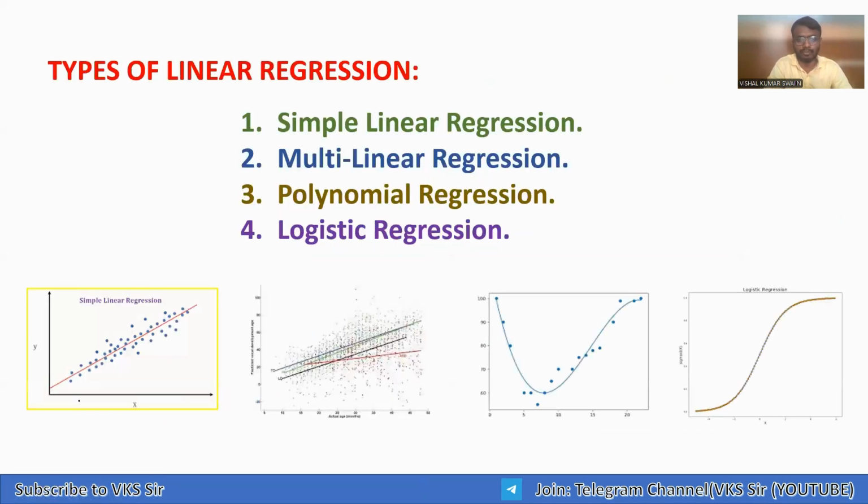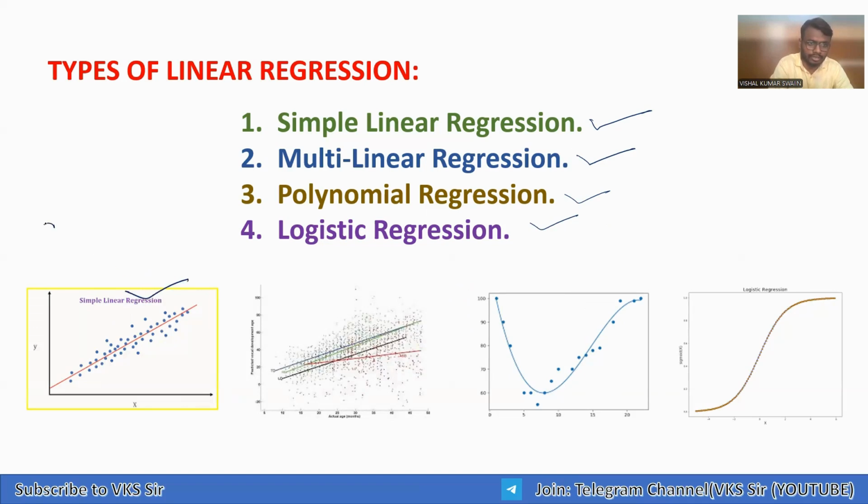Let's go for the next part, the types of linear regression. There are four types of linear regression: simple linear regression, multilinear regression, polynomial regression, and then logistic regression.